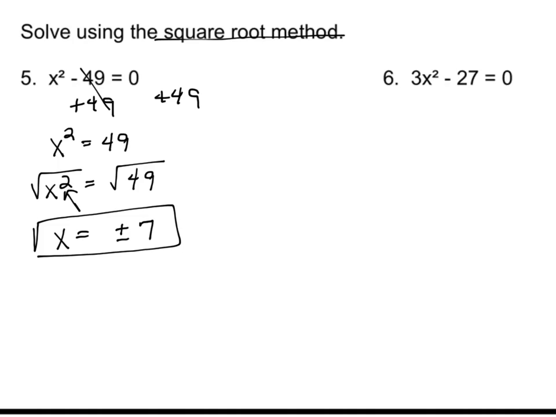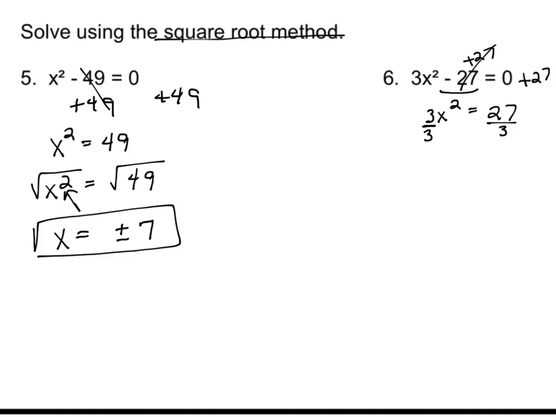Looking at number 6, it's the same thing. Take this number and add it across. So you're going to add 27 and add 27. So you have 3x squared equals 27. Now I don't want a number in front of this x squared. You want it just x squared. So we're going to divide by whatever number's in front of that.